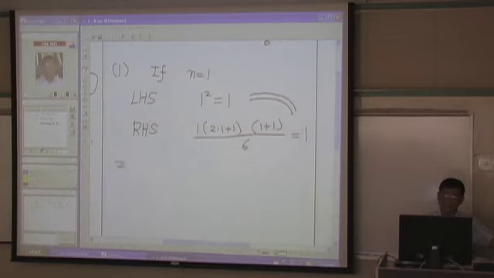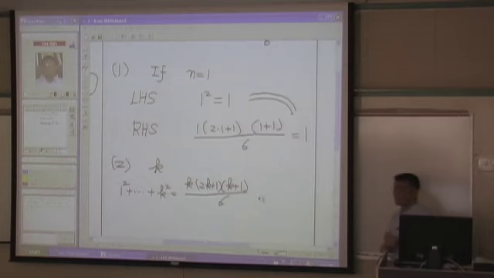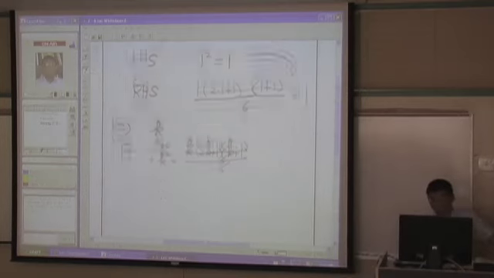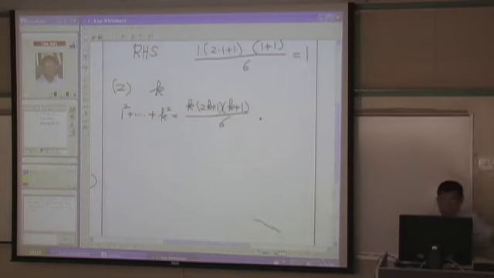If it is true for k, then the left side is 1 squared plus 2 squared up to k squared equals k(2k plus 1)(k plus 1) over 6. Then the next thing is showing this for k plus 1.